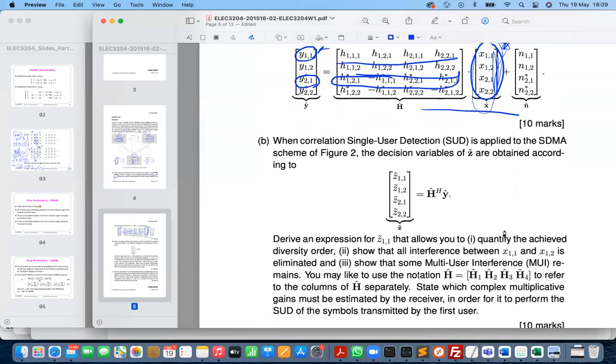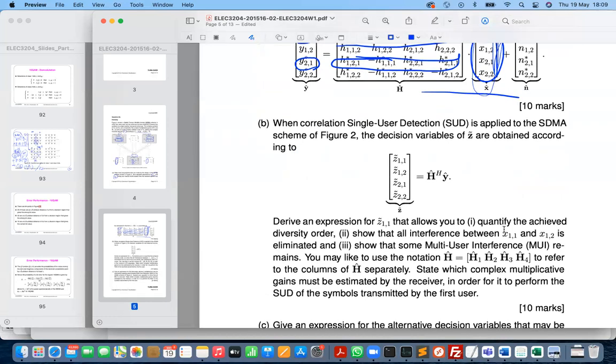And then the second question is also super easy because all the tips you need are already written out here for you. Based on this H, the first column is H1, second column is H2, third column is H3, and then H4.